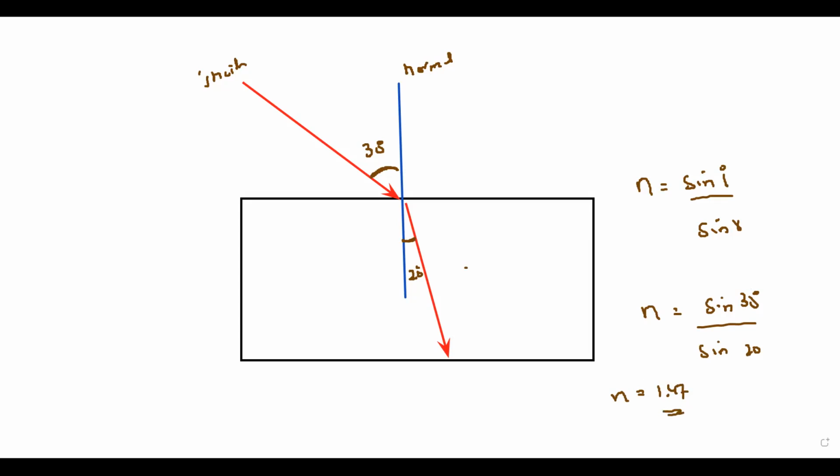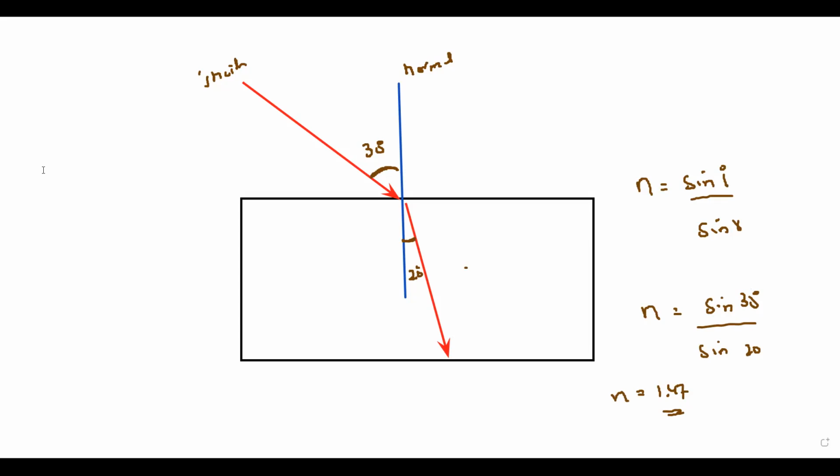But don't write any unit because refractive index is a comparison. It is a comparison of the ability to bend the light compared to that of air. So we can say that compared to air, this glass has a tendency to bend the light 1.47 times or 1.5 times.